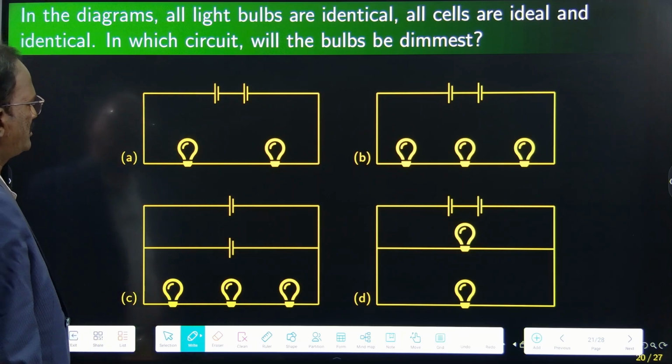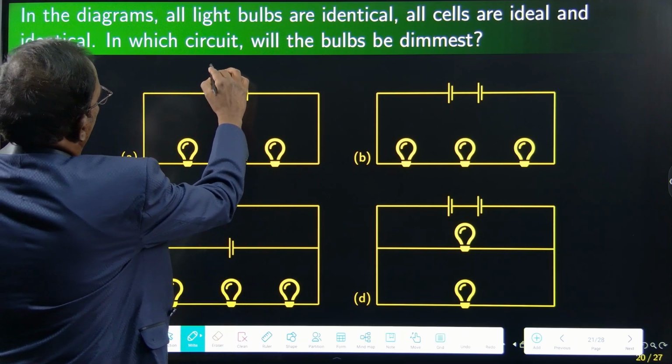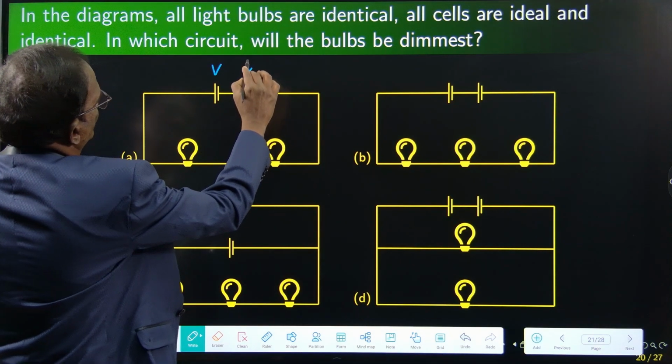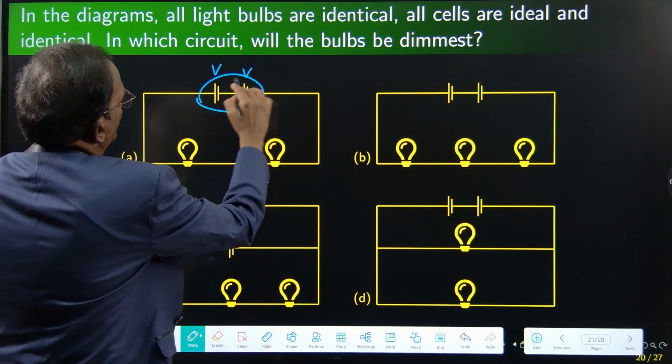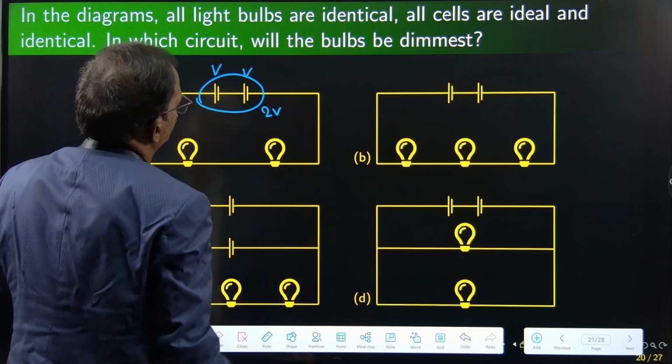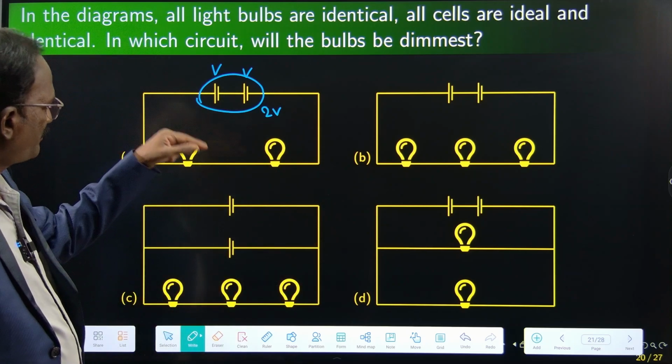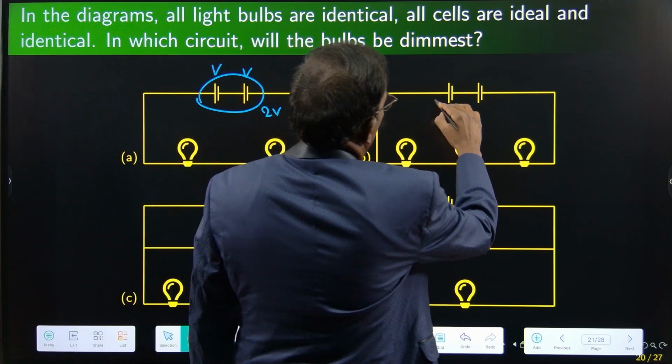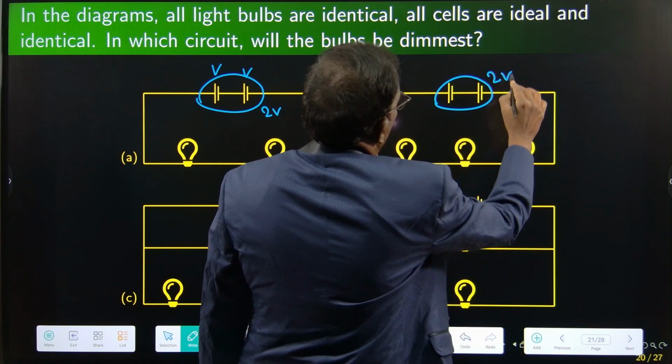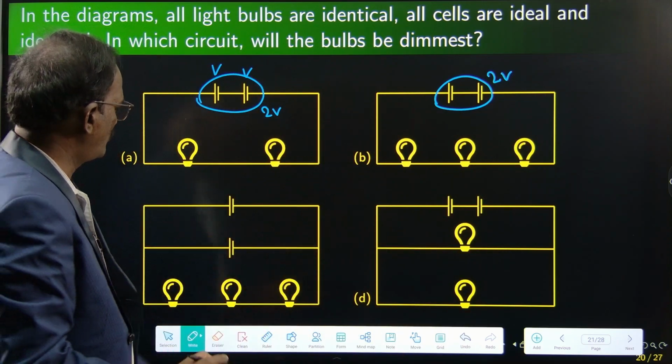Let us assume the voltage is V here. So combined, 2V is there. Since all the batteries are identical, let me assume the value is V, then it is 2V.